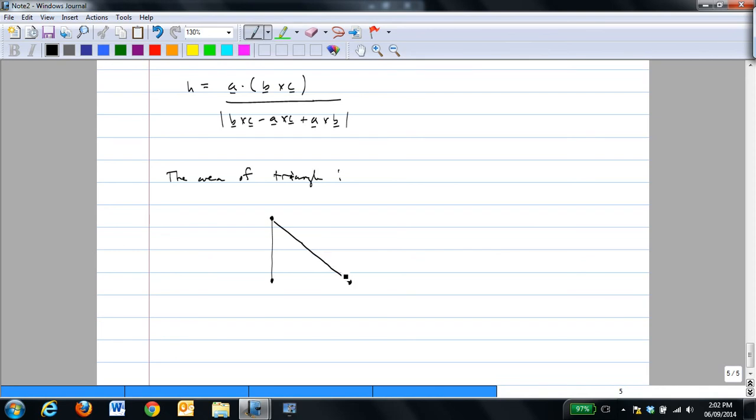Then we have our origin over here somewhere, and then we have our vectors a, c, and b, which point to our points.